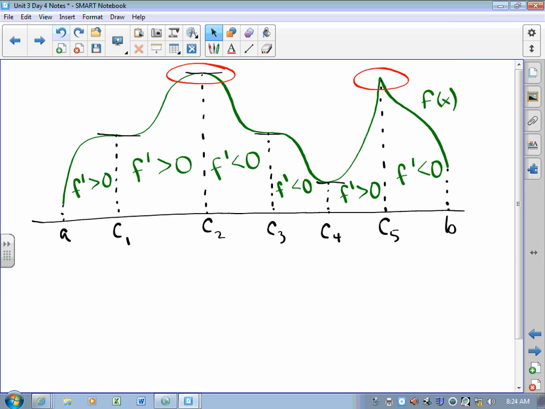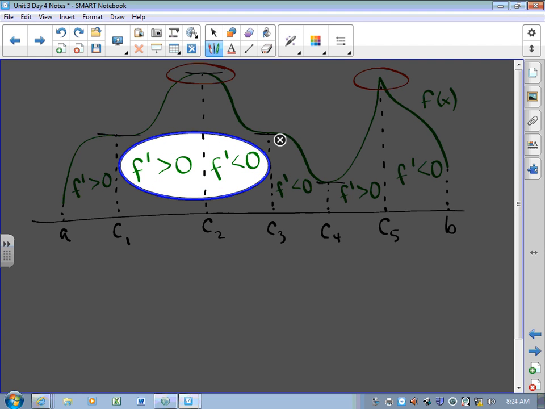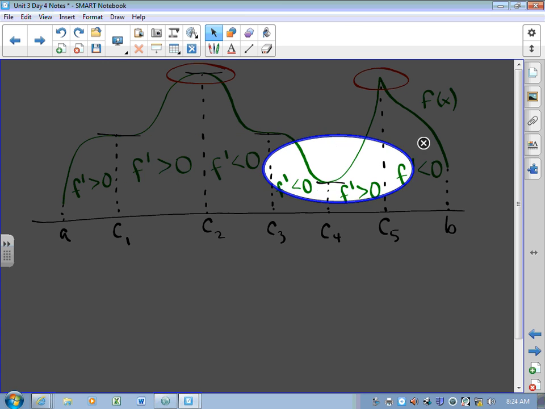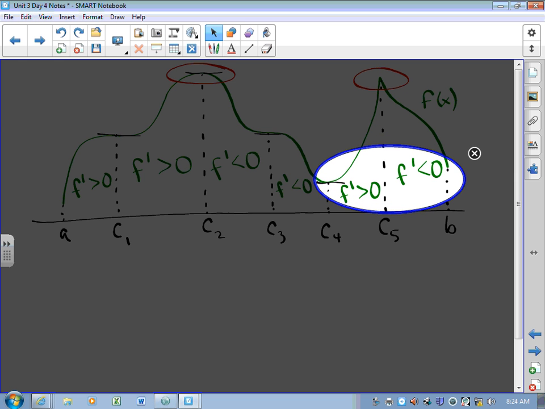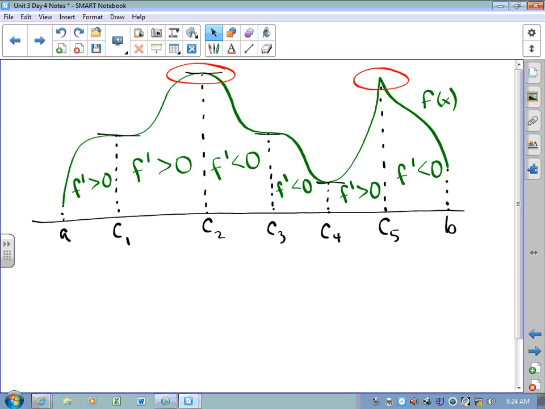But what happens at those red points? At those red points, the derivative changes from positive to negative. Similarly, here's a min.